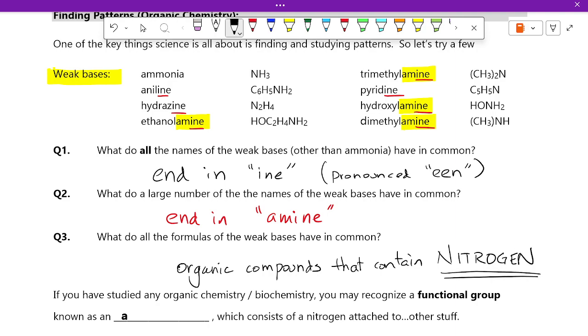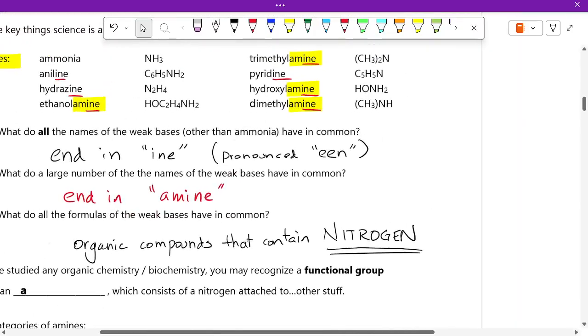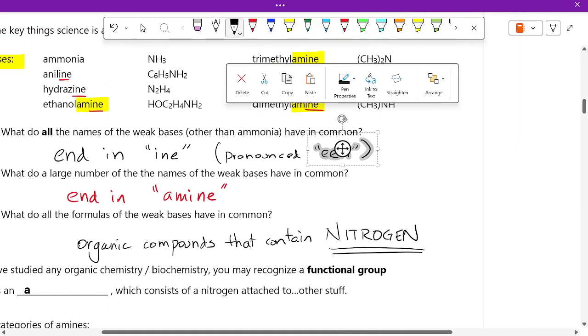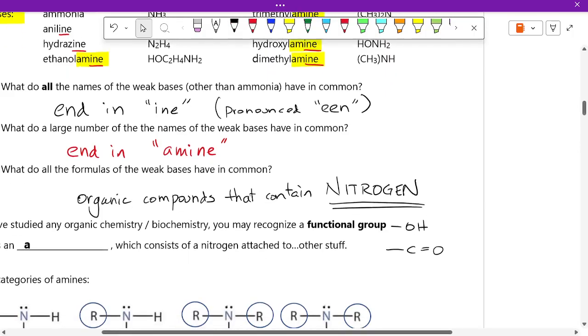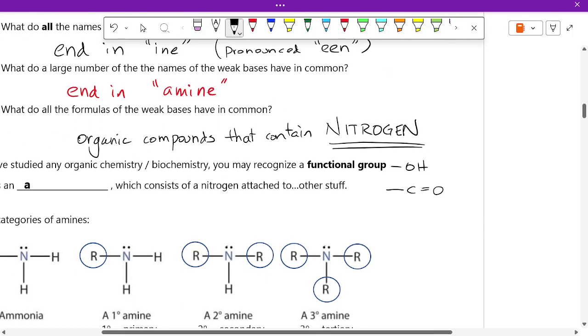Do you remember any functional groups we have looked at in the past? We had a hydroxyl group. We had a carboxyl group. We had a carboxylate group, carboxylic acid group.